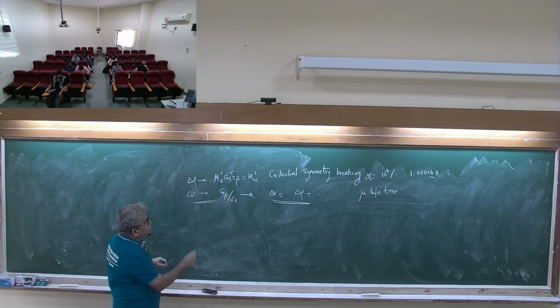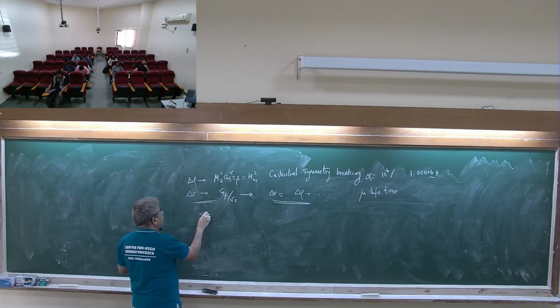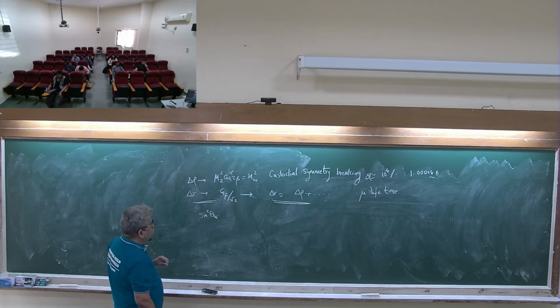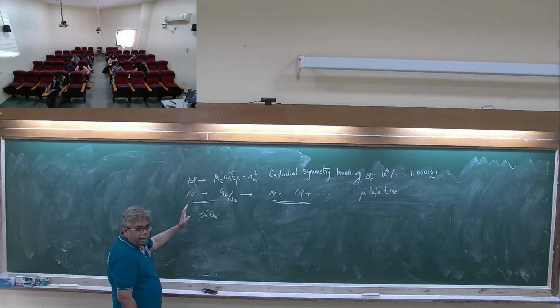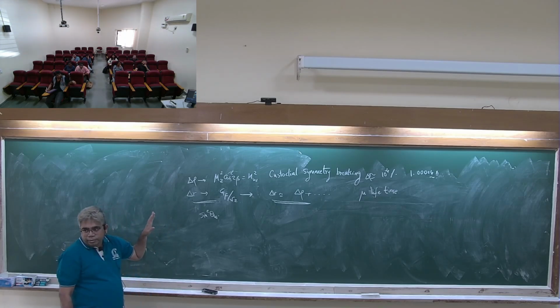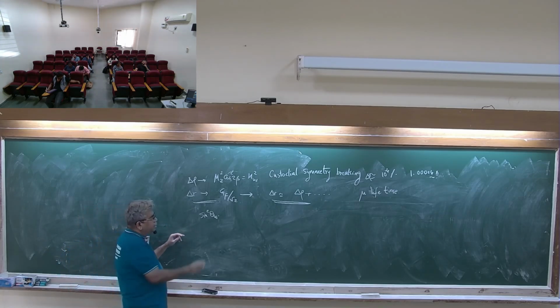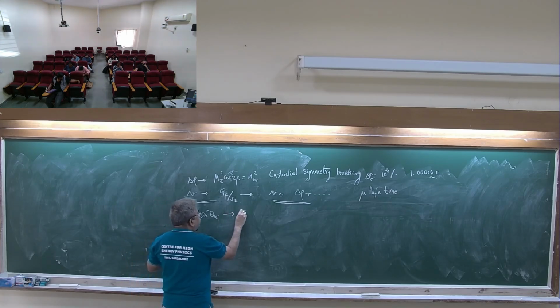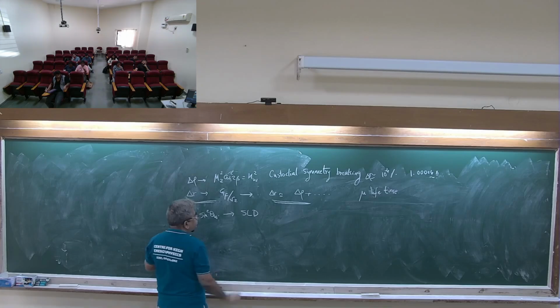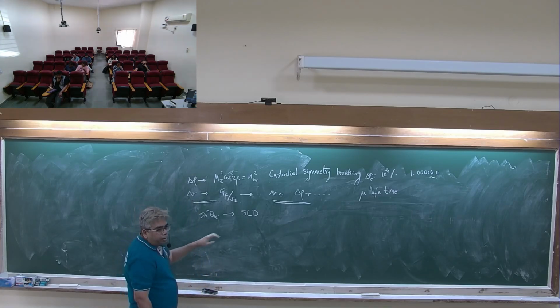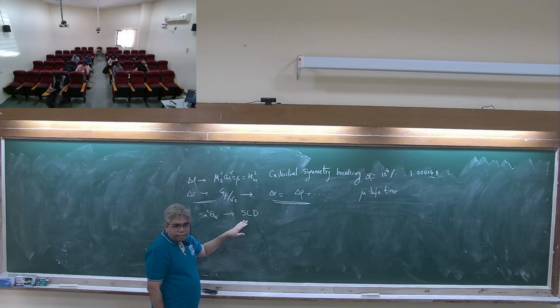So what you can measure directly at experiments is essentially sine square theta W. You can measure sine square theta W, and this is related to the observables at LEP. So we looked at two observables essentially at SLD with polarized electron beams, essentially polarized targets.